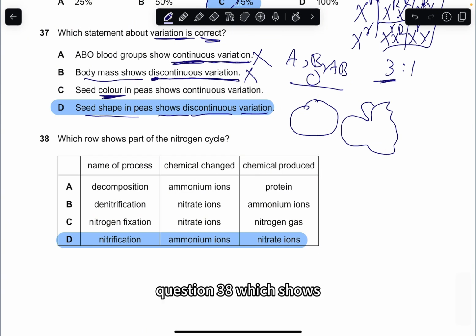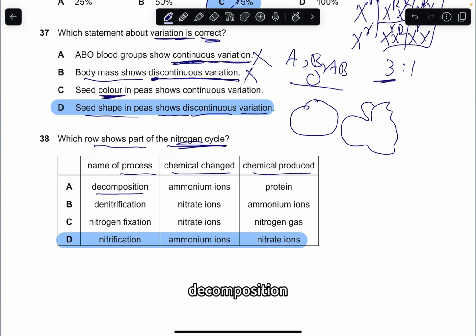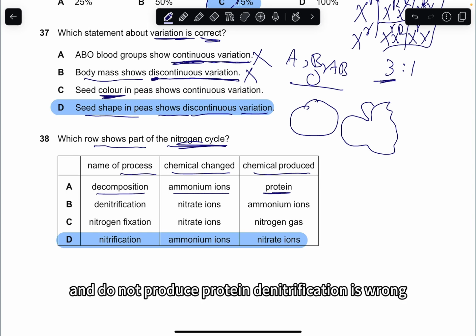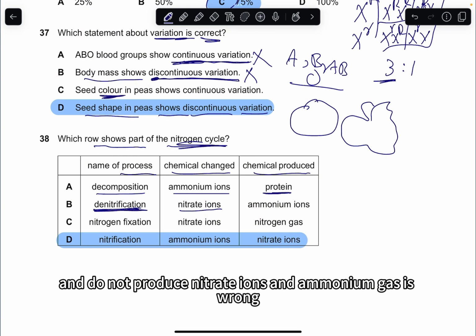Question 38: which row shows part of the nitrogen cycle? So in the nitrogen cycle, we look at the process, the chemical change, and the chemical that they produce. If you see decomposition, the chemical change is ammonium ion, so that's wrong, and it does not produce protein. Denitrification is wrong because denitrification removes the nitrogen and does not produce nitrate ions, and ammonium gas is wrong.